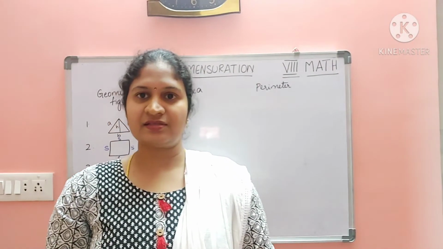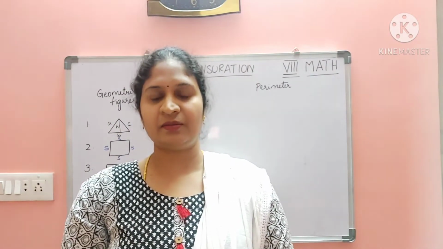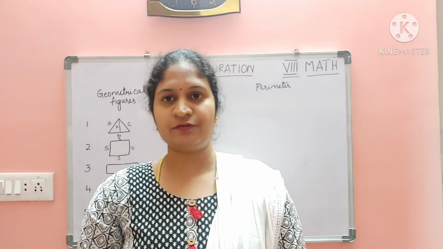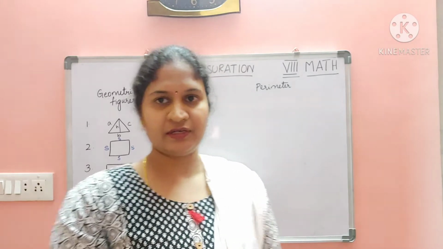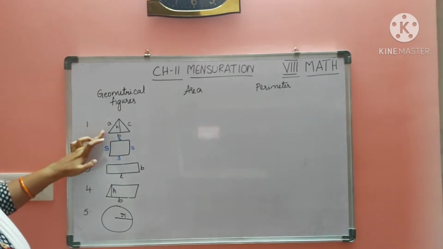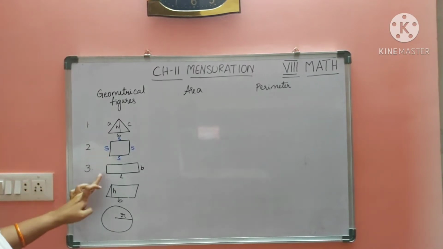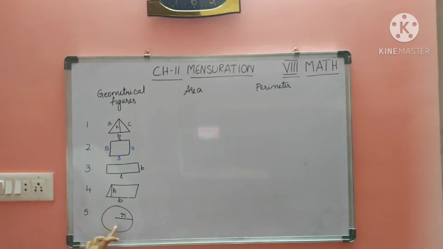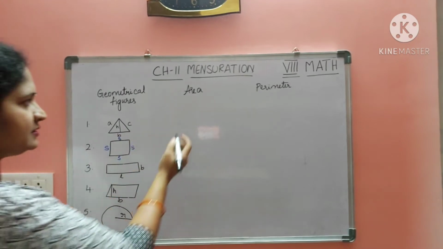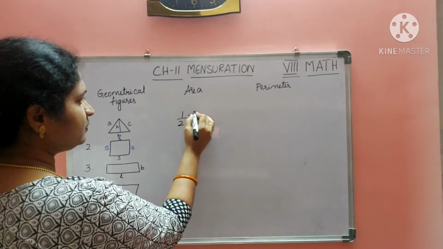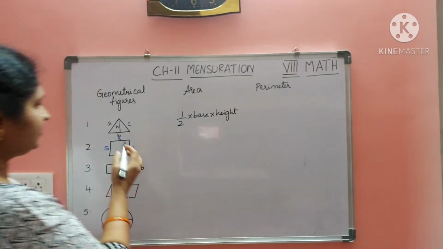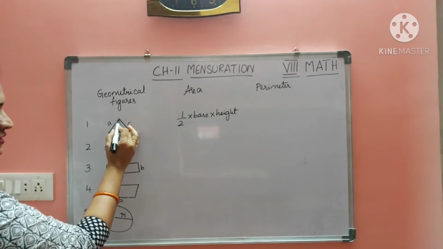In your earlier classes, you are familiar with the area and perimeter of geometrical figures. Now let us recall the area and perimeters of the following figures: triangle, square, rectangle, parallelogram and a circle. Area of the triangle is half into base into height. This is the base, this is the height.